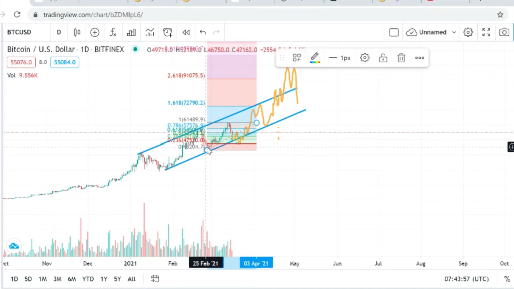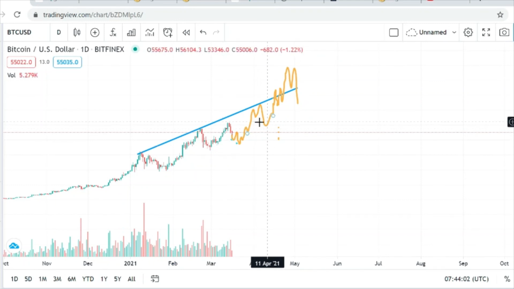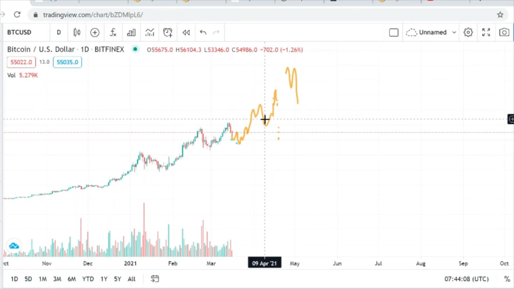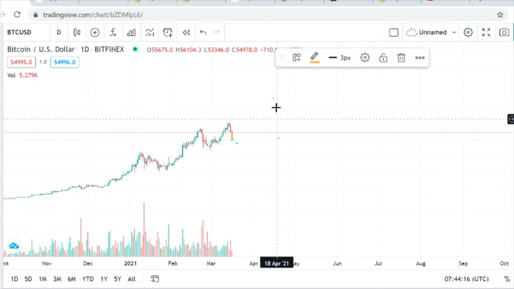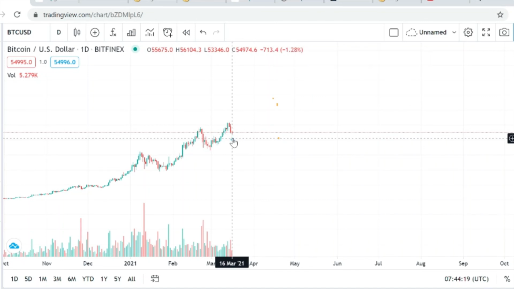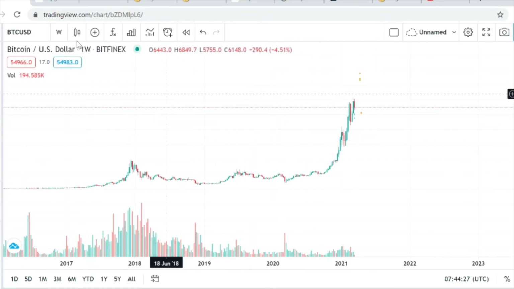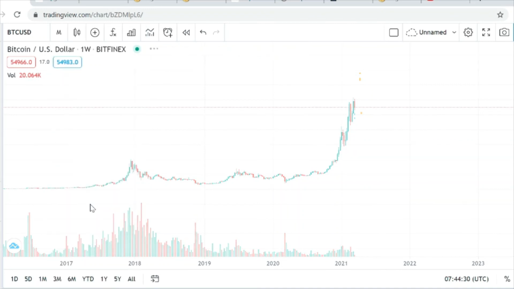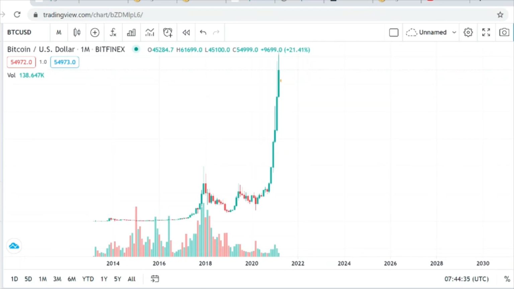Now, let me show you what I mean by long-term objective. I'll delete these objects. Now, if you look at the monthly chart, you can see that overall the upward movement has been dominating.